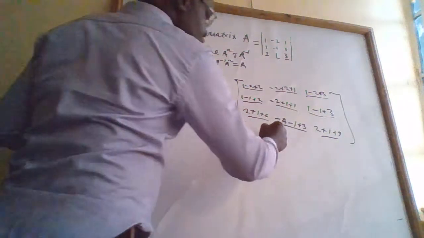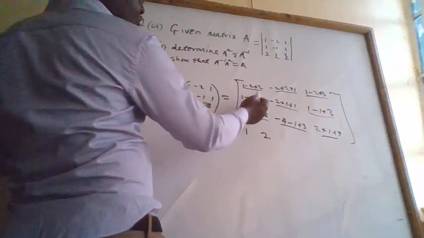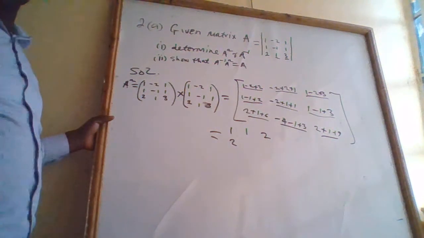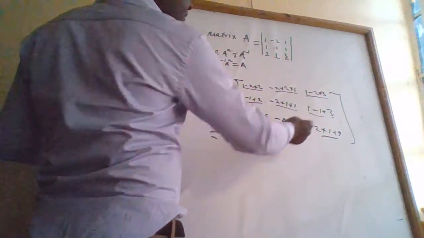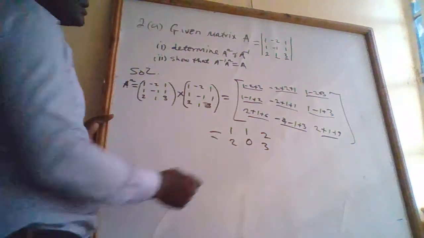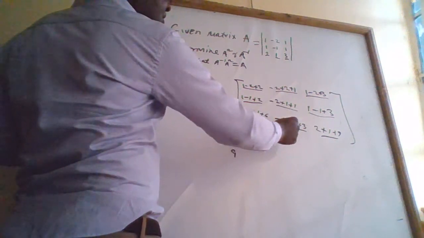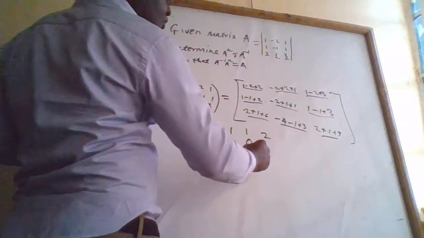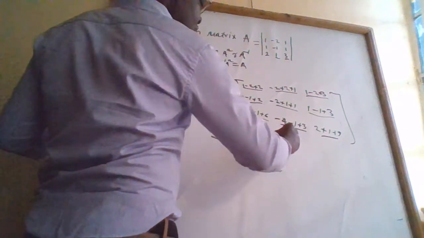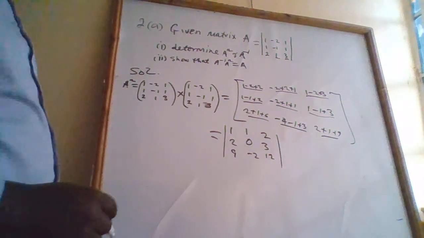So we shall have 2, and then we have 1 minus 1 plus 2, we have 2, minus 2 plus 1 plus 1, we have 0, and then 1 minus 3 plus 3, we have 3, then here we have 9, minus 5 plus 2, negative 2, and then we have 12. So this is matrix A squared.